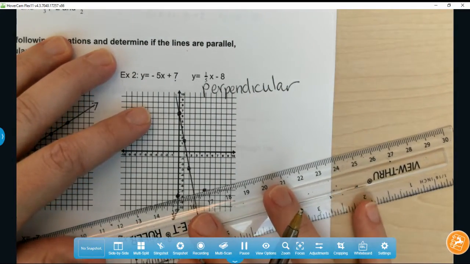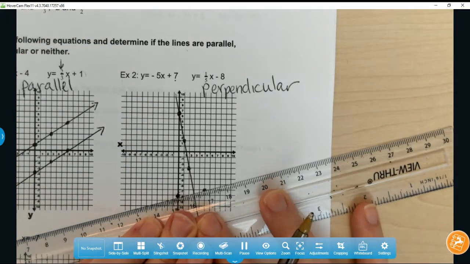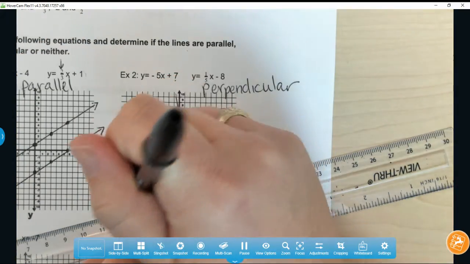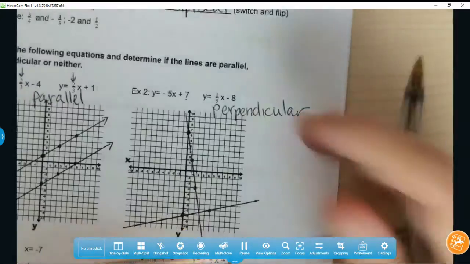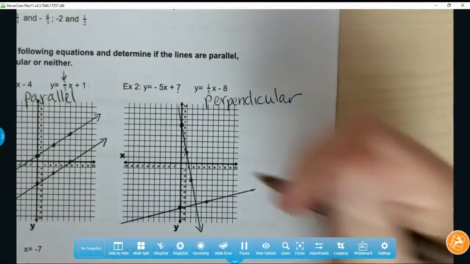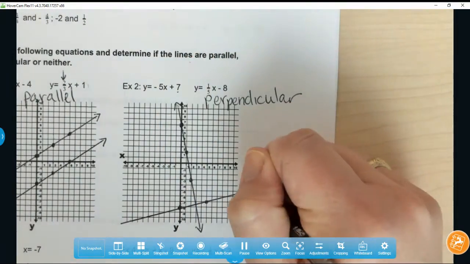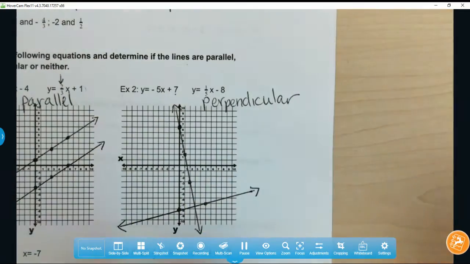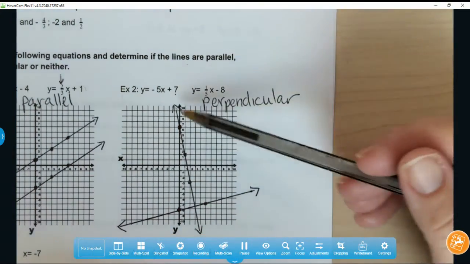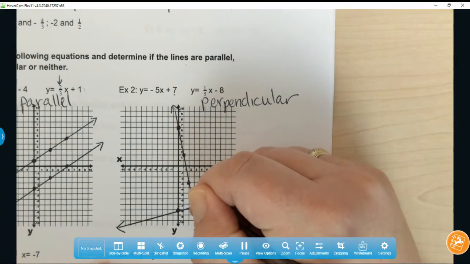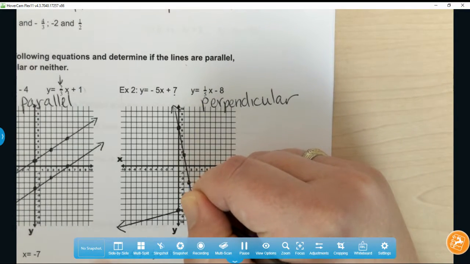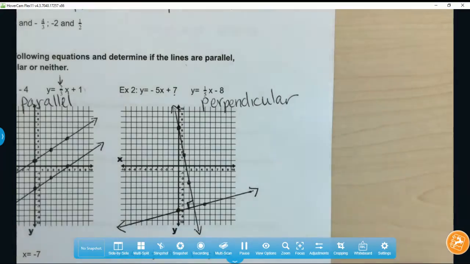And I notice when I draw out these lines, and I always in the beginning forget, but remember to put my arrows on the end because they are continuous lines. What I notice is that these are going to cross. And something you want to think about with perpendicular lines is that they create a right angle.